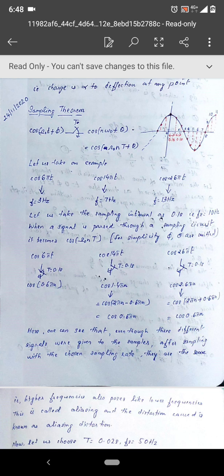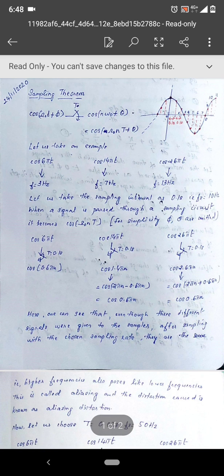The sampling circuit is represented by a switch, and over that the sampling rate will be marked, the rate at which the sampling is done. So switching action is mainly done, or continuous chopping at regular intervals of time T. When you have the interval of time T, then you can find the sampling rate. 1 by T will be the sampling rate.